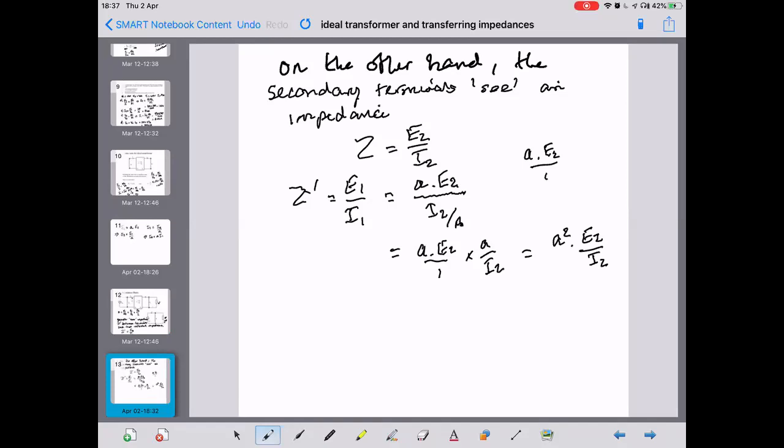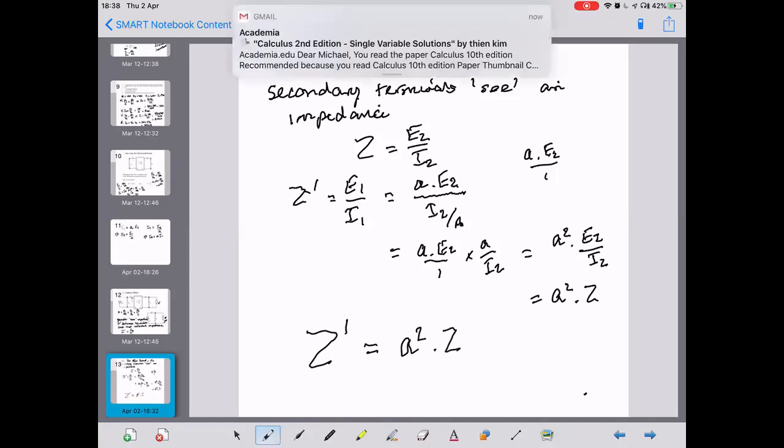Z. So that's equal to A squared times Z. So we sum up: we can say Z dash, the impedance seen by the generator, is equal to the ratio squared times the actual impedance connected.